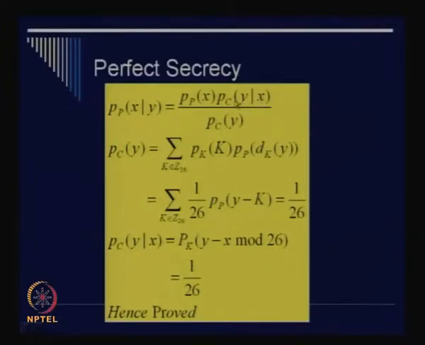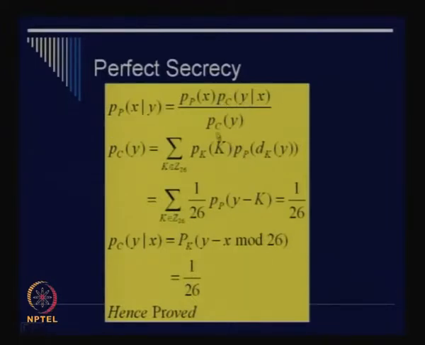So you see that when we had computed the value of P(x given y) earlier, that was not equal to the value of the probability of the key. We discussed that, right? But in this case it's equal, because if you choose the value of the key to be y minus x, and if your plain text is x, then obviously your ciphertext is y, right? So therefore this probability you can denote by these symbols.